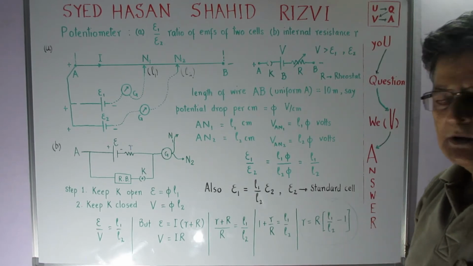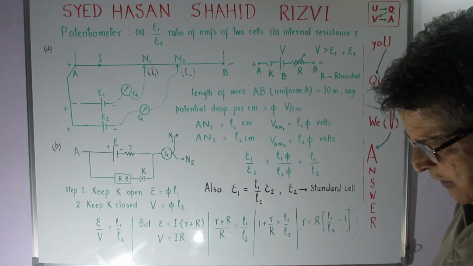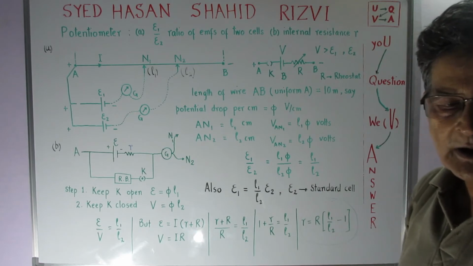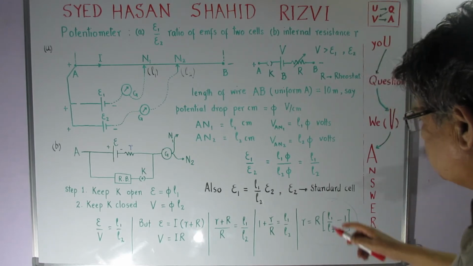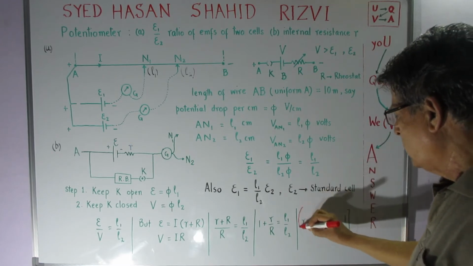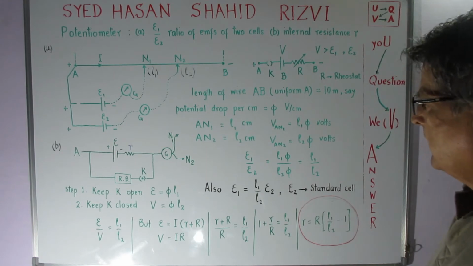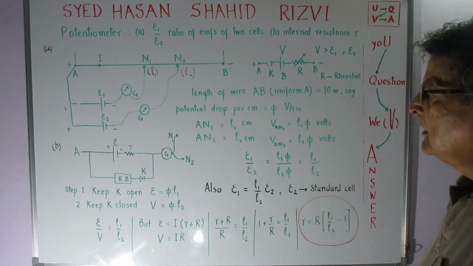The beauty is that the potentiometer is functioning on the very principle that no current is drawn over there. So these are the two things, and we may return with a few numericals to wind up this chapter.